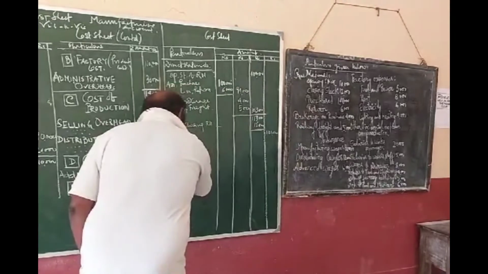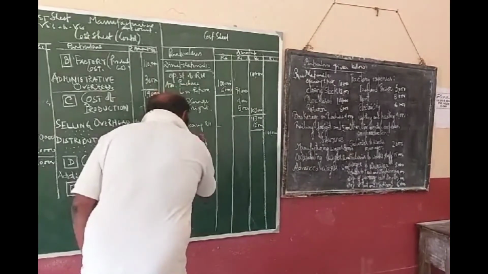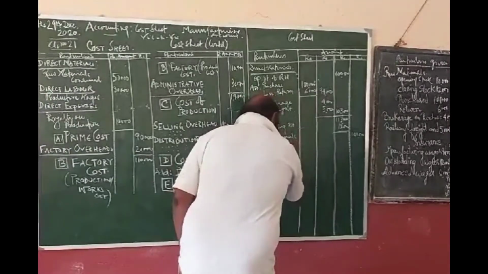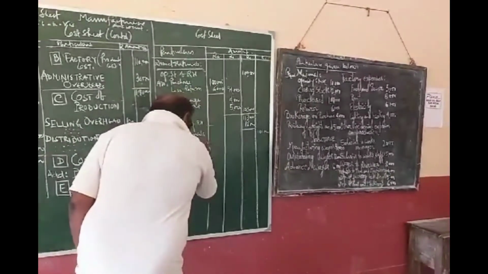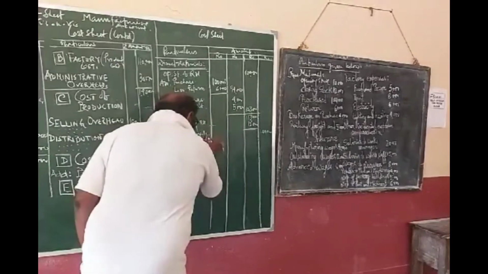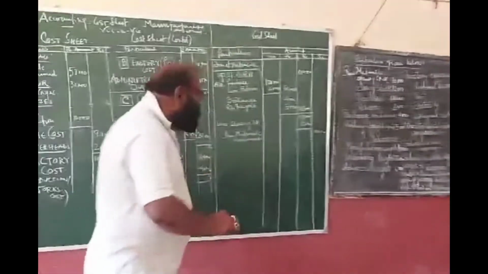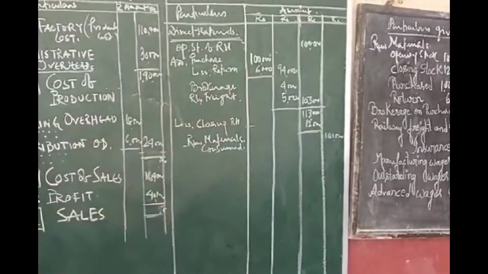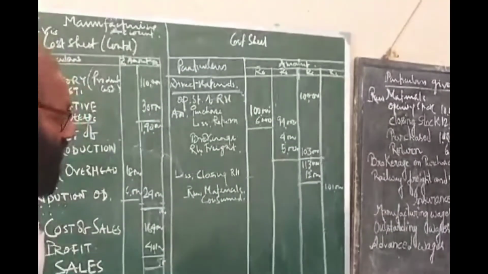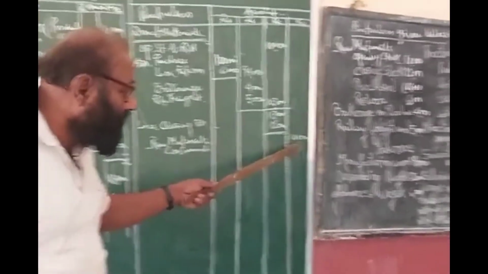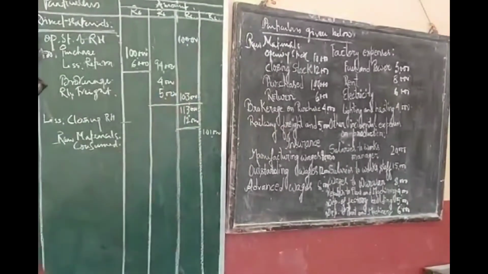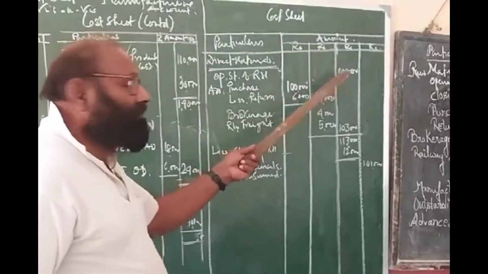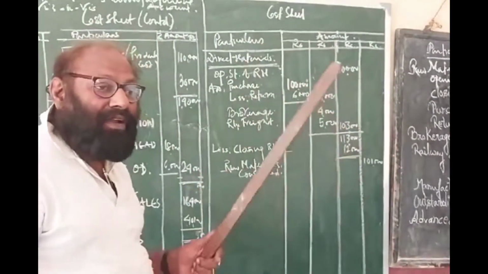So it is the raw material consumed. So the direct material used by our organization during this period is 1,01,000. How have I got it? I had the opening stock of material of 10,000, at the inaugural day.